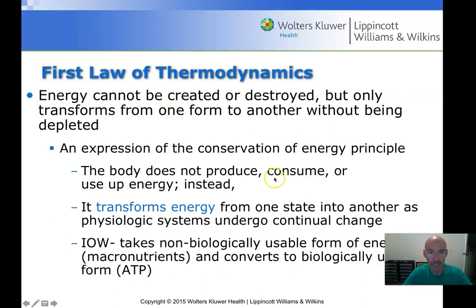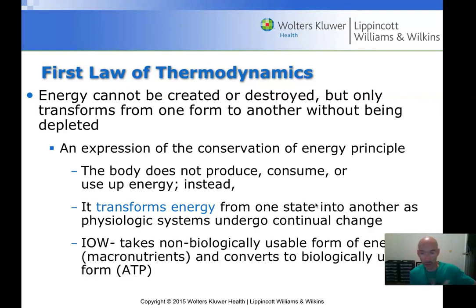Okay, so again, the body does not produce energy. It does not consume energy or use up energy. It merely transforms energy from one form into another, and so on. Okay, ultimately, as we'll identify here shortly, we take in what is called non-usable or non-biologically usable energy that our body cannot use, okay?